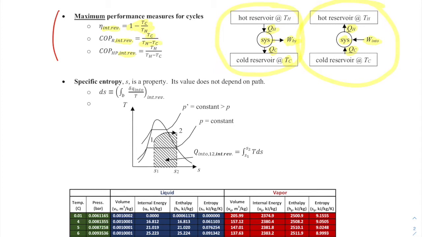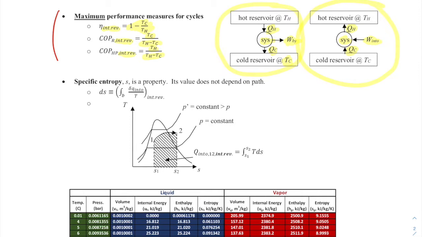And for the heat pump maximum performance measure, it would be the temperature of the hot reservoir divided by TH minus TC. So these expressions here give you the maximum that you can possibly obtain given any power cycle or refrigeration or heat pump cycle. They're useful to know because like I said before, any real cycle will have a performance that's less than this.